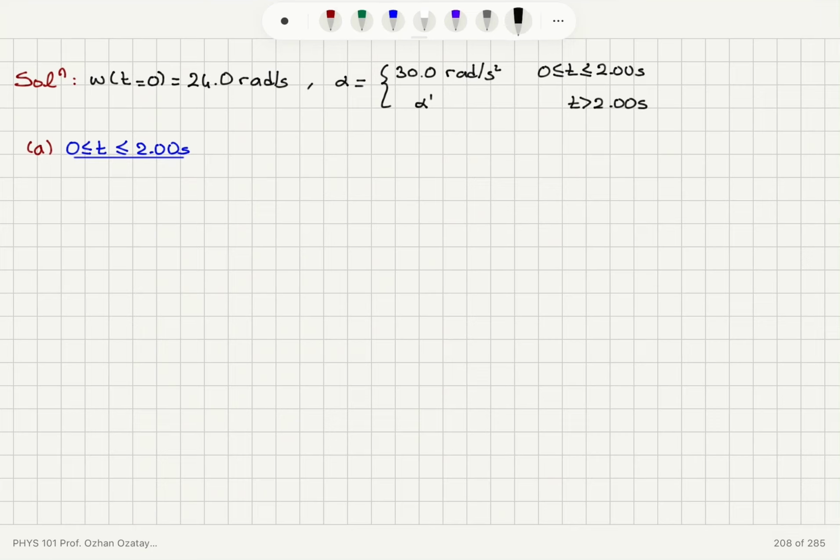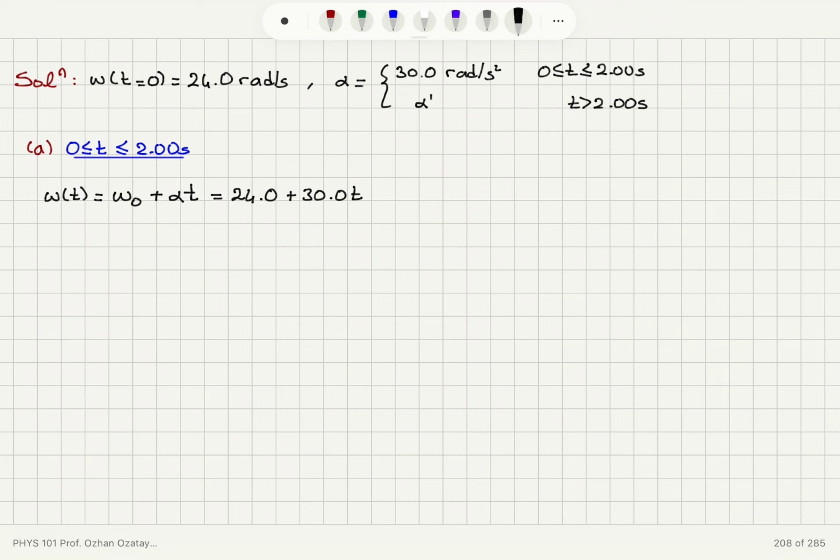Well, we have the angular speed omega as a function of time: its value at t equals 0, omega 0, plus angular acceleration alpha times t. So we have an initial speed of 24.0 radians per second, and a constant angular acceleration of 30.